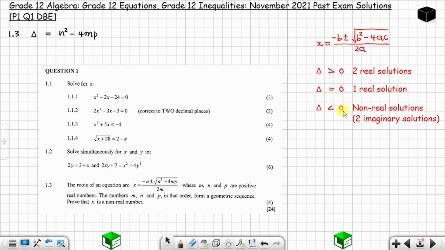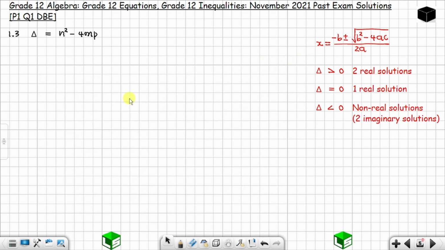If it is less than 0, then you have proved that x is a non-real number. So we are going to say if delta, or the discriminant, is less than 0, then you know that x is a non-real number.